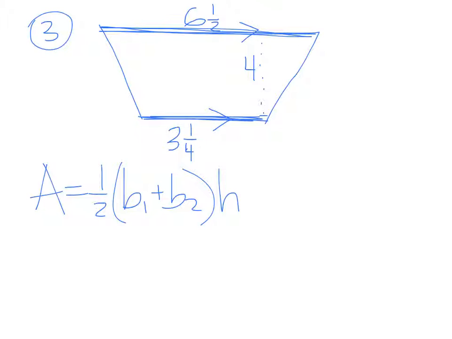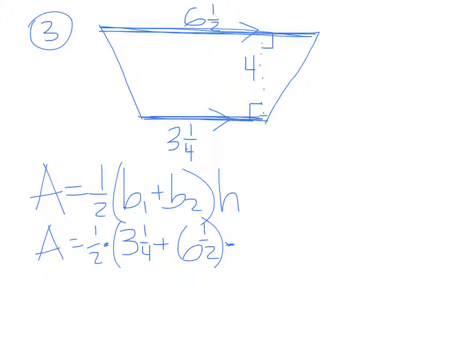So this would be 1/2 times parentheses B1 and B2, which are 3 1/4 and 6 1/2. And then we're going to times by H, which is always, again, at a right angle. In this case, it's 4. It's the distance between B1 and B2 at a right angle that is the height.